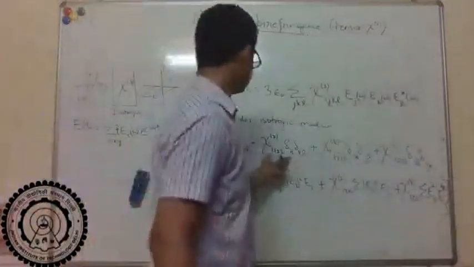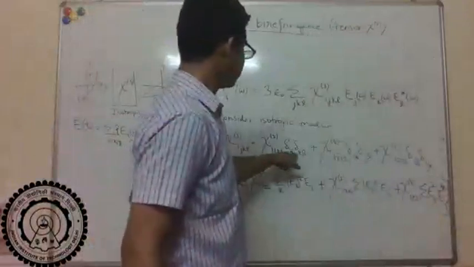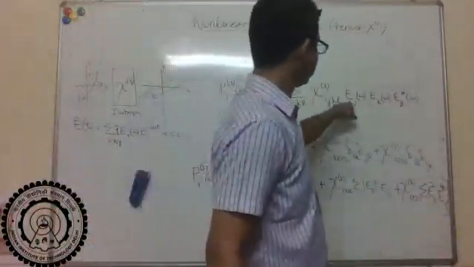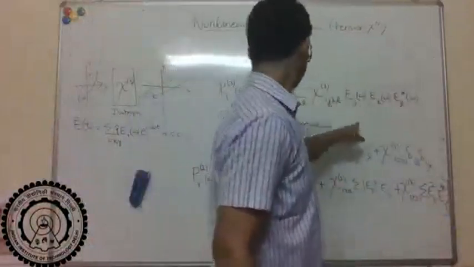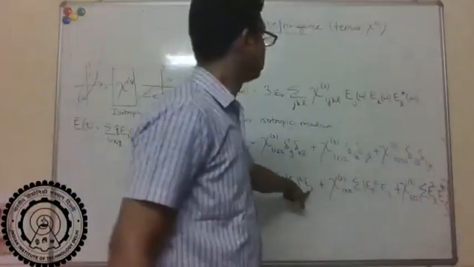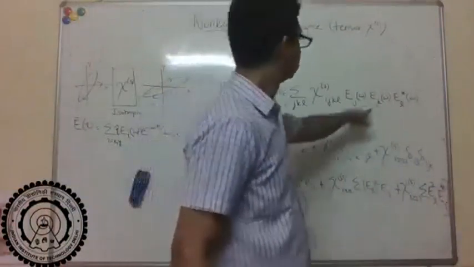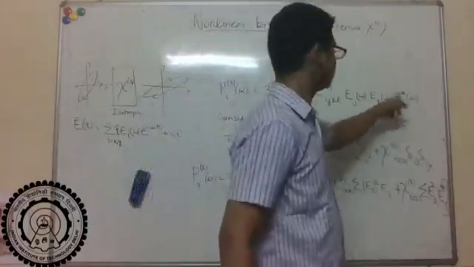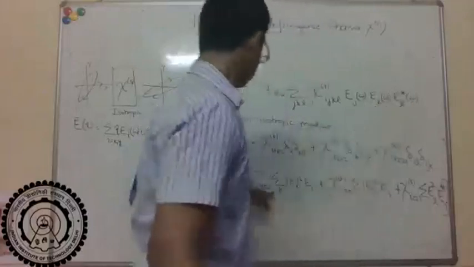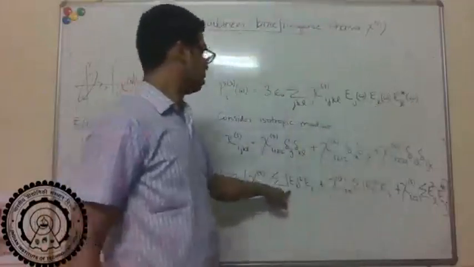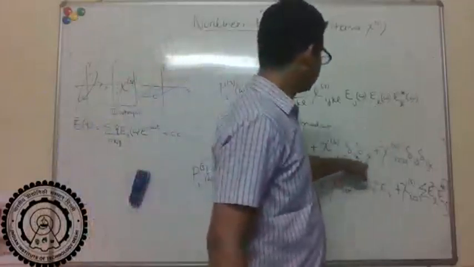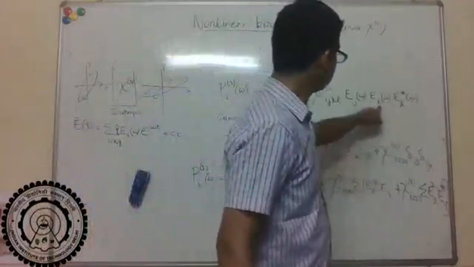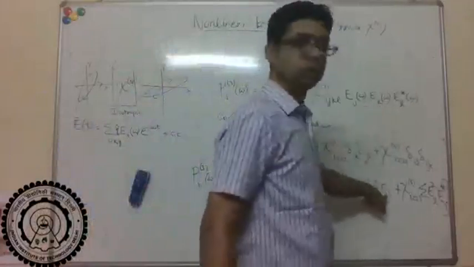When I plug this in here, for the first term I have delta ij and delta kl. So j is equal to i, so Ej is Ei, and k is equal to l. So I get mod E k or mod E l square, however you want to write it. So that's here. Second term, I get delta ik and jl. So again, ik, so this Ek is basically Ei.